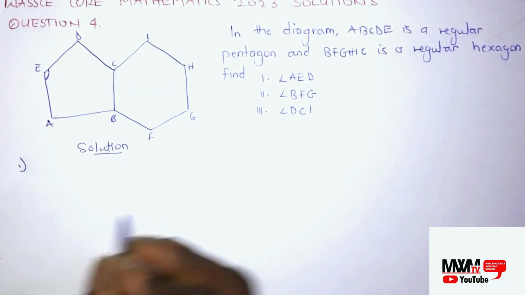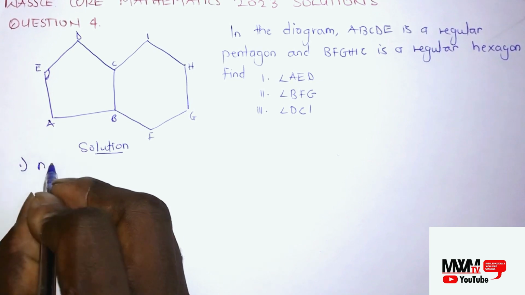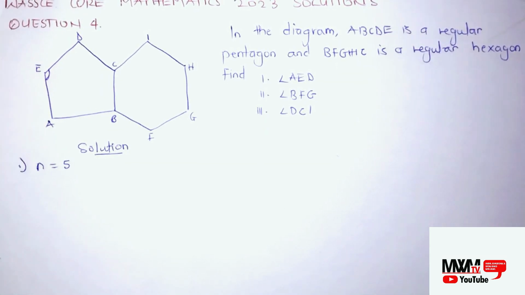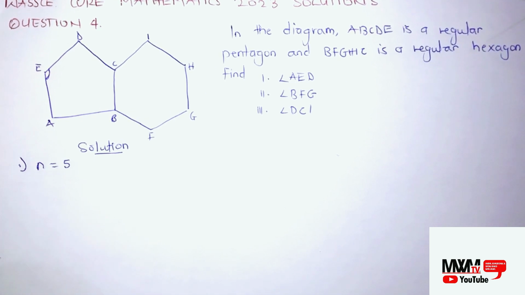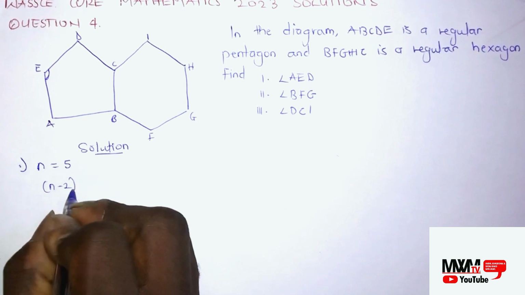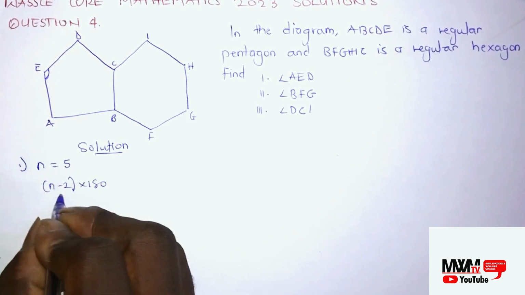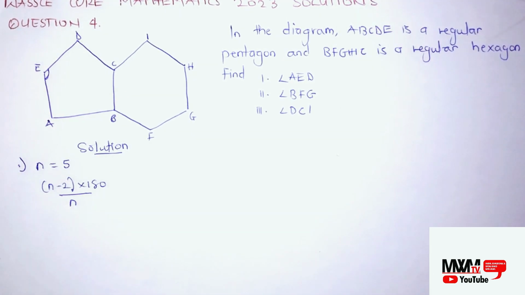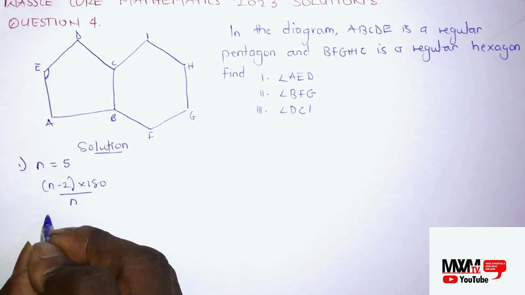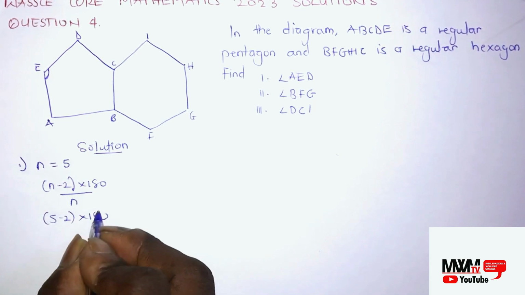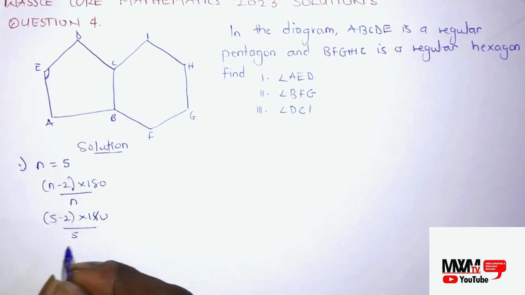I. For the pentagon, we know that the number of sides is 5. Since this is an interior angle, we find the sum of interior angles and divide it by the number of sides. So n minus 2 times 180 divided by n. Now since n is 5, we get 5 minus 2 times 180 divided by 5.